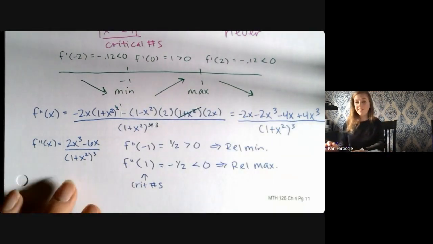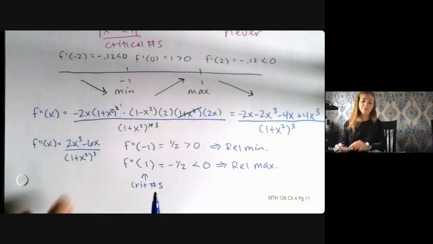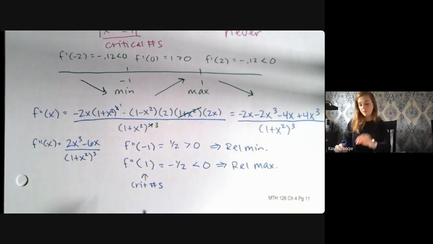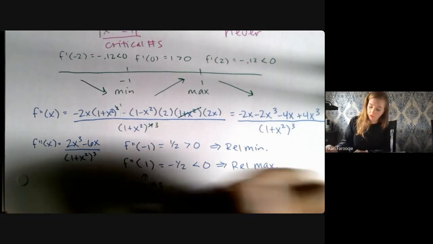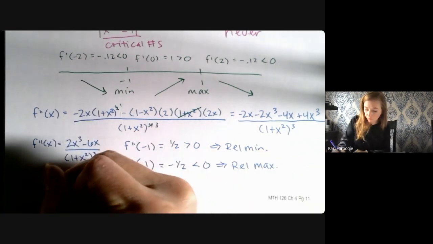Now, notice that that's the same conclusion we came up with here when we did sign analysis. Now, we're going to go ahead and just put some points on here so you at least have these actual extreme values.